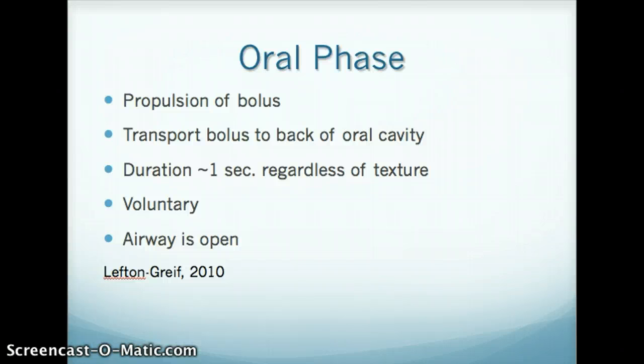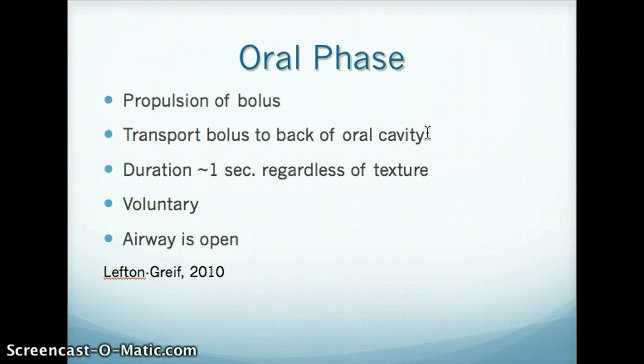Now the second phase is called the oral phase. During the oral phase, the bolus is moved to the back of the mouth. There's transport of the bolus to the back of the oral cavity.